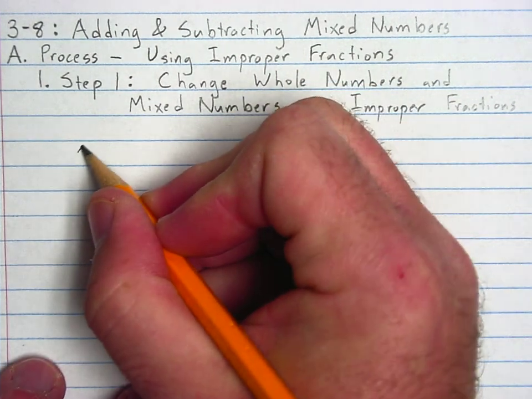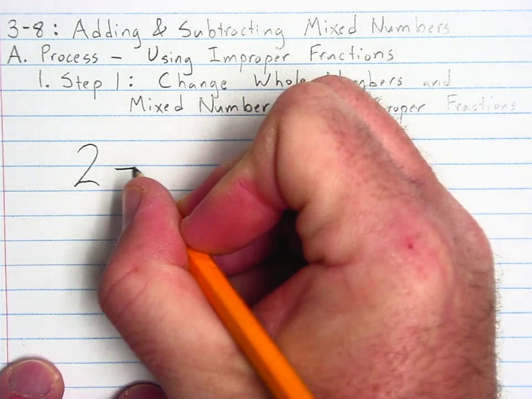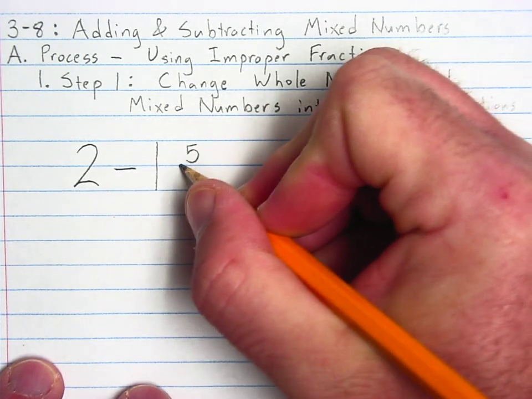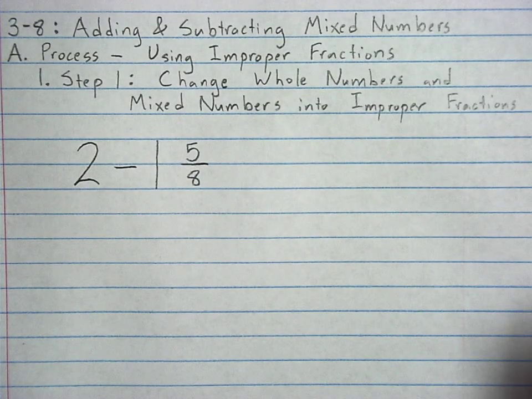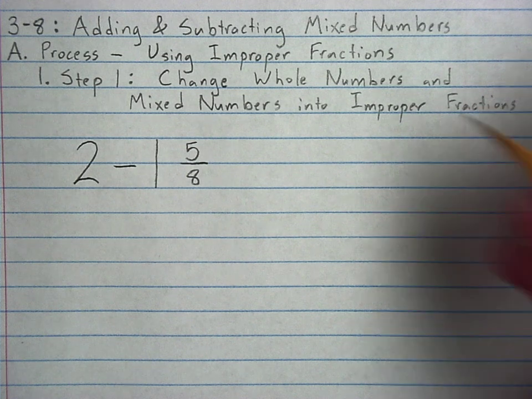So if I give you something that looks like this, 2 minus 1 and 5/8, oh dear, what am I going to do with that? Well, we are going to turn each part into an improper fraction.